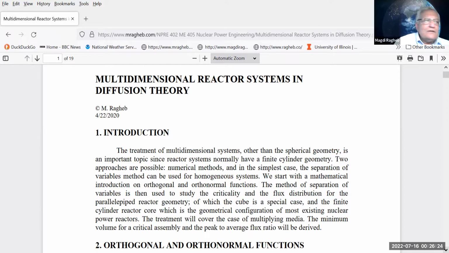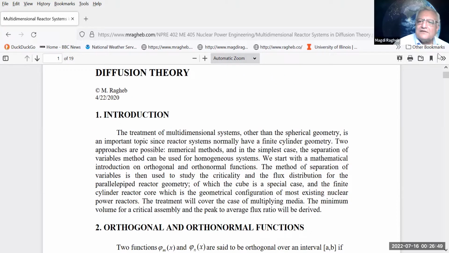Or if we design like the Chicago Pile #1, maybe a cubical reactor, some reactor in the shape of a cube. In that case, we find ourselves having to deal with a Laplacian in the definition of the criticality equation that is not one-dimensional like in the case of a sphere, even though as we have done it for a sphere now, it was very simple.